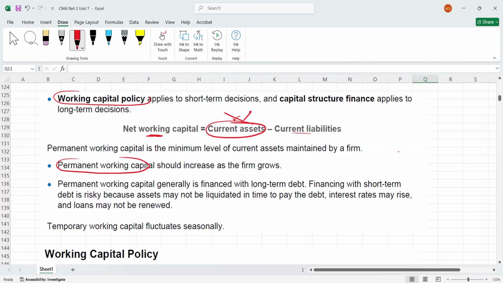So what is permanent and temporary working capital? Let me give you an example. For example, you are running a store. Let's assume you are in the retail business, and on average, this is the routine of your business. Always you keep cash of 100,000. Let's assume you always have minimum receivables of 300,000, and always a minimum inventory of, for example, 200,000.